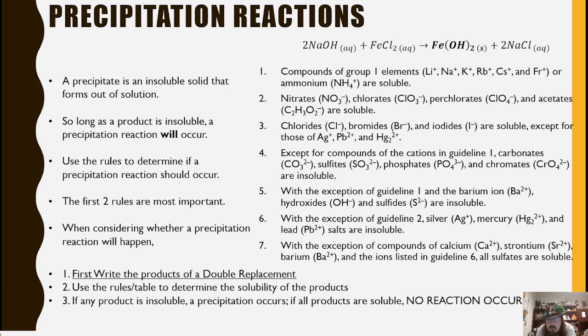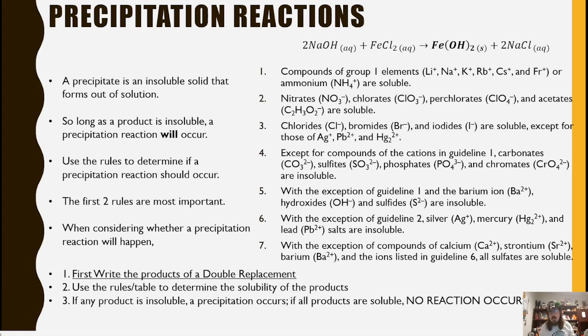Now, this one's just making a special mention that lead, silver, and mercury are always insoluble except for rule 2. So not all the metals are always insoluble, but these guys are very insoluble, more insoluble than usual. And then finally, with the exception of these 3 compounds and compound 6, silver, mercury, and lead, all sulfates always dissolve.